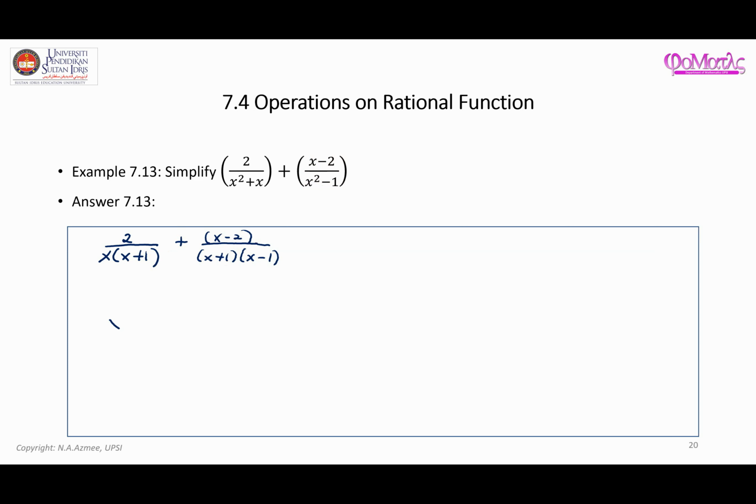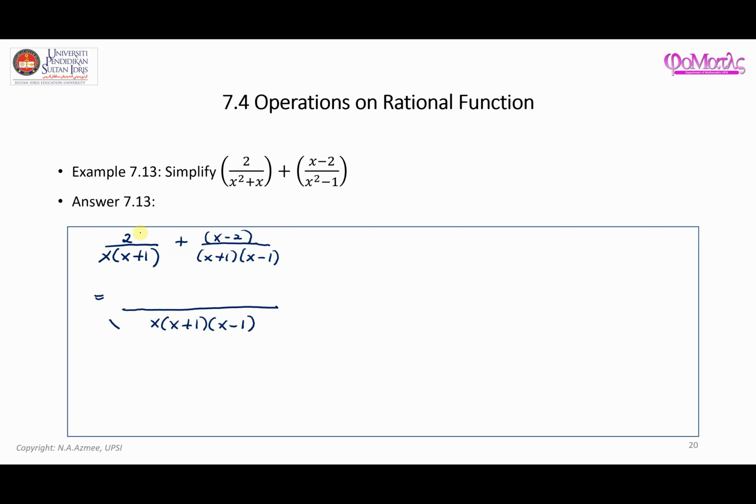Next, since the denominators here are obviously not common, we need to find a common denominator, then we can add up these two fractions. The common denominator will be x plus 1 and x minus 1.